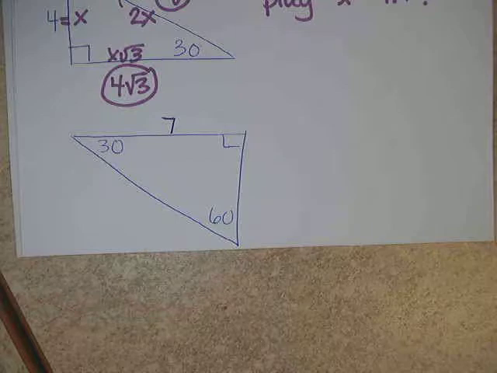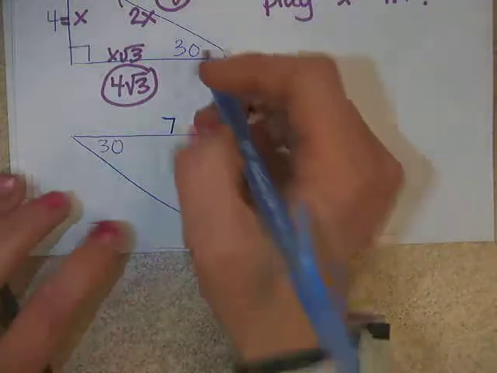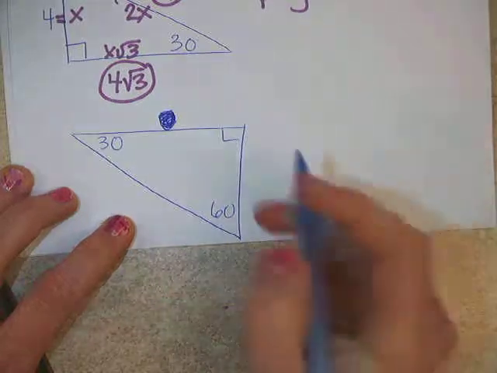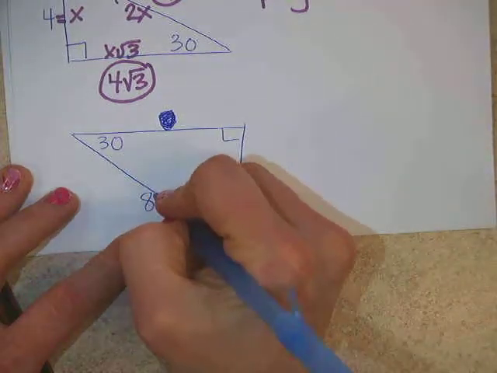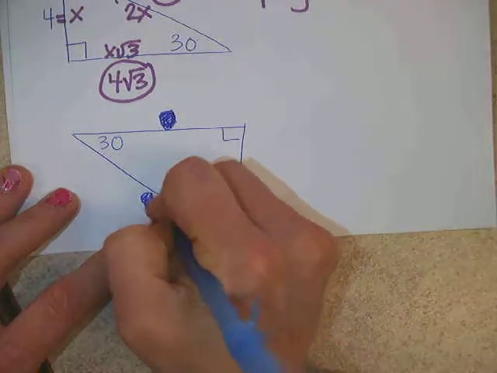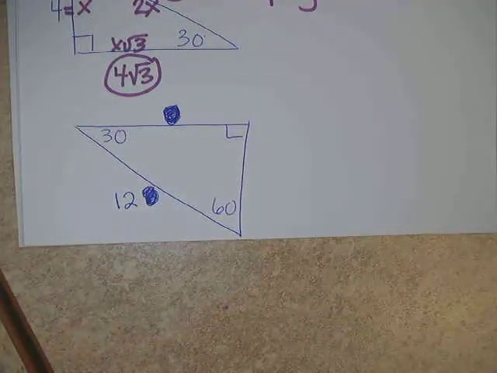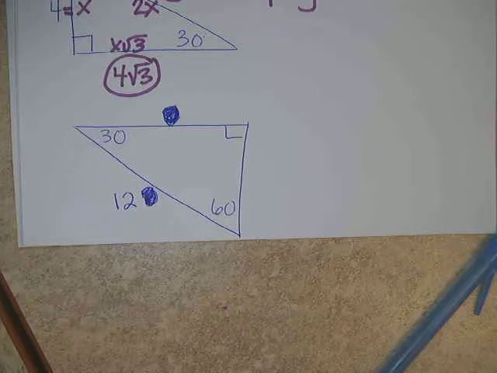All right, so say this is the side that we have. Well, no, we'll hold off. We'll do one like that next. Let's make this 12.